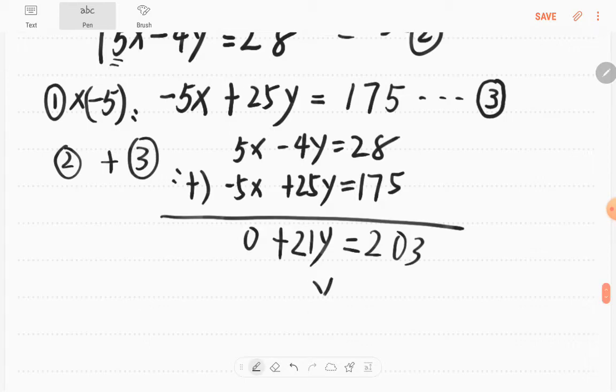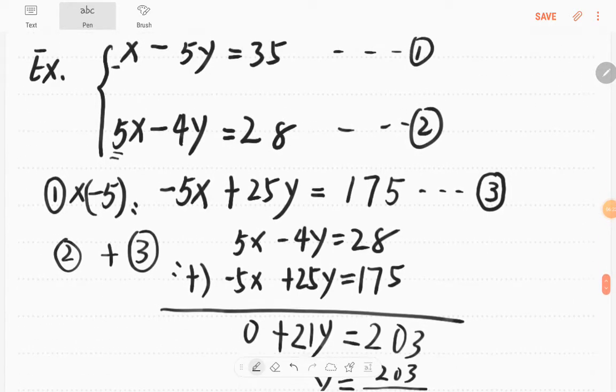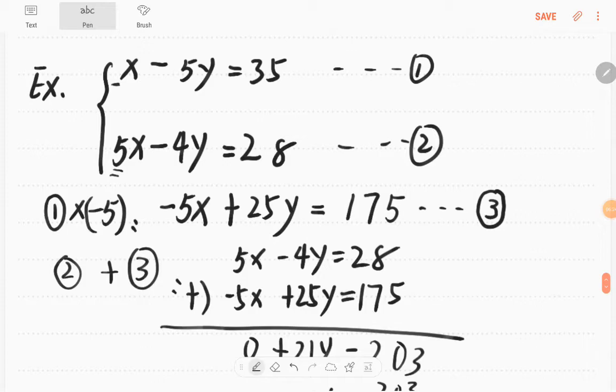So y is equal to 203 divided by 21. Sorry, I made a mistake here. We multiply by negative 5, so this would be negative 175.